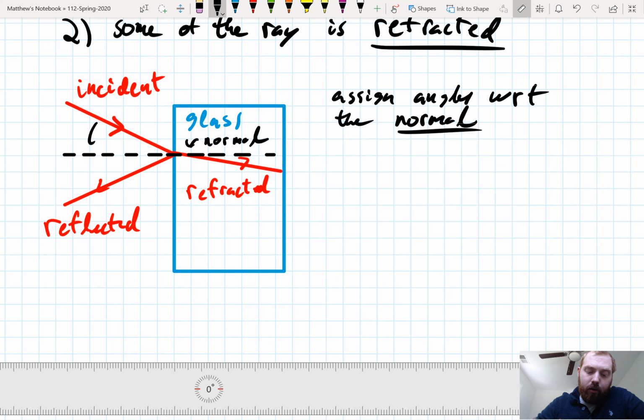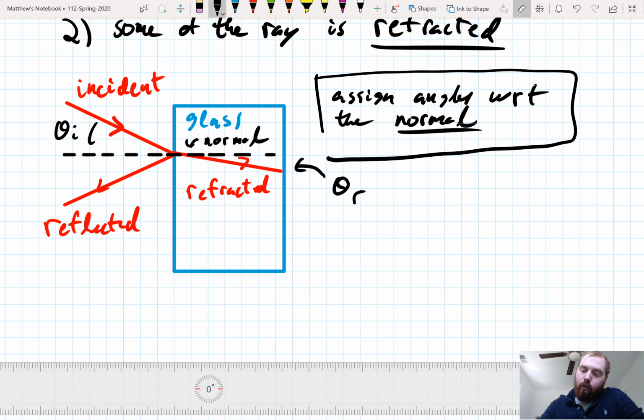So here's my incident angle, I'll call it theta I. And there's my refracted angle, call it theta R. All right. So important: we're always going to measure angles with respect to the normal line.